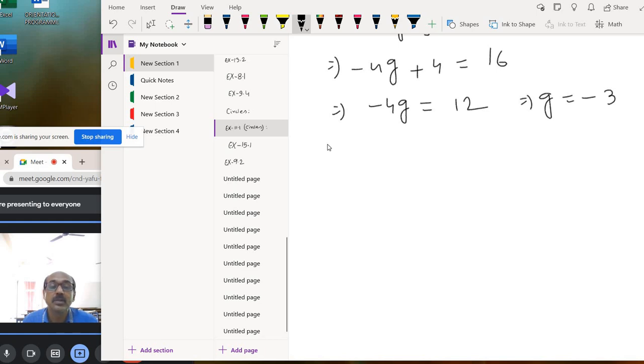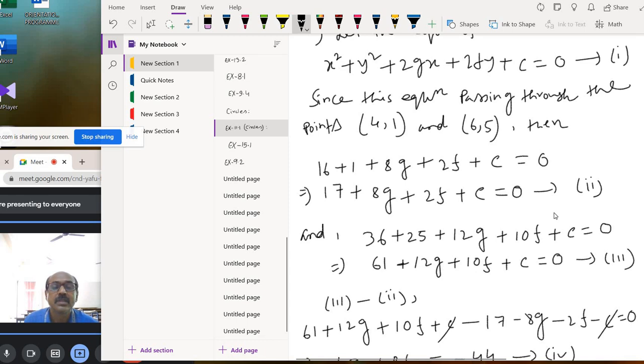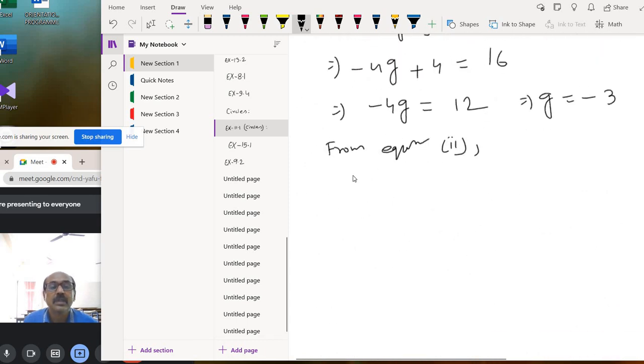Equation 2 is 17 plus 8g plus 2f plus c equal to 0.